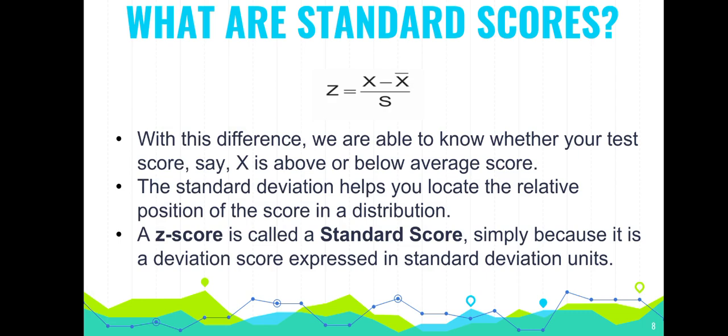So with these differences, we are able to know whether your test score x is above or below the average score. So the standard deviation helps you locate the relative position of the score in a distribution. So a z-score is called a standard score simply because it is a deviation score expressed in standard deviation units.